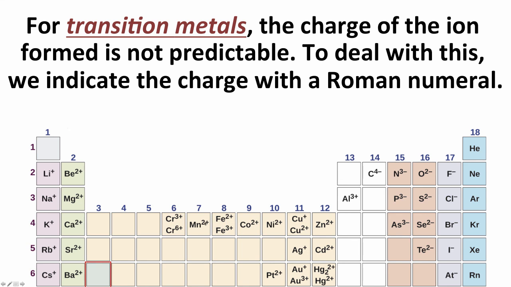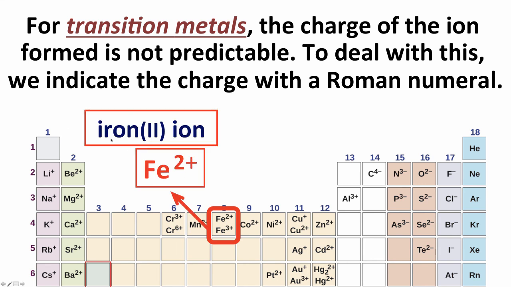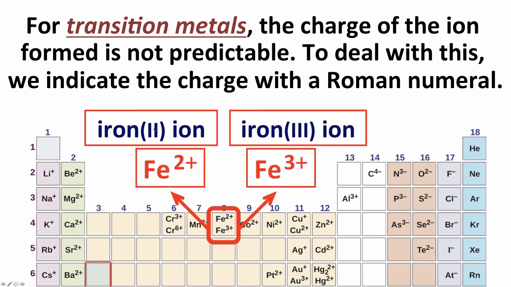So for example, iron can make fairly commonly a +2 ion or a +3 ion, and other possibilities as well, but those are the most likely. Well, if we have a +2 ion, we say the name as iron, Roman numeral 2. If we're dealing with the +3 charged ion, we say iron, Roman numeral 3.